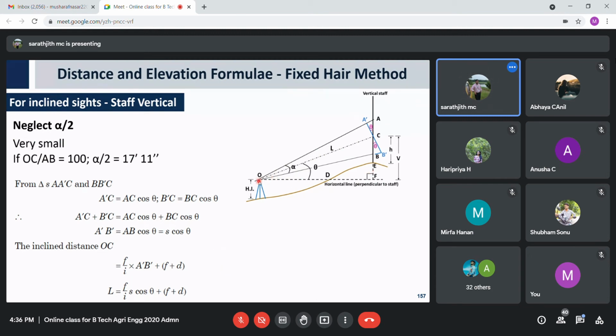Because the staff is perpendicular and the line is straight, there is no need of correction now, there is no change in point C, so we can apply the distance formula which we computed yesterday: the multiplying constant times the intercept A dash B dash plus the additive constant F plus D. So the inclined distance L is equal to F by I times A dash B dash, substituting the value S cos theta, plus F plus D. Okay, no issues.